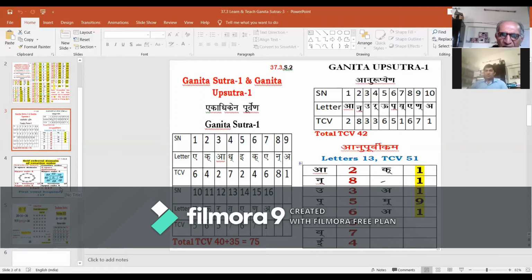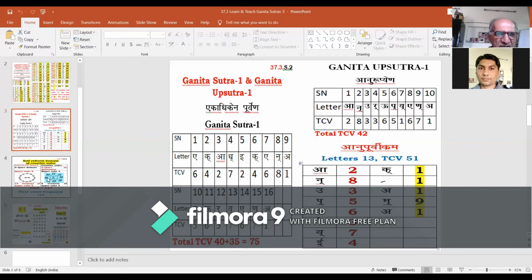totaling 75. Here in the table, the first row has the serial numbers, the letters. In the second row, the letters are depicted. And in the third row, there is a depiction of the transcendental code values of these letters.